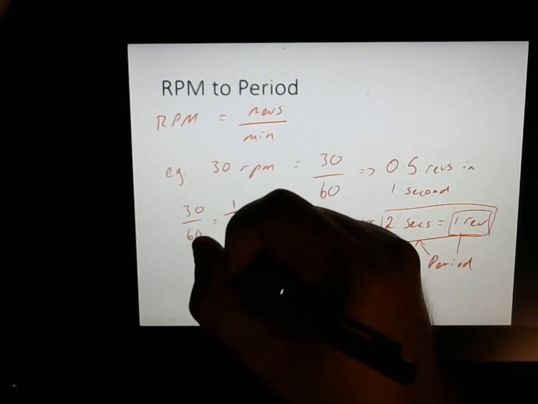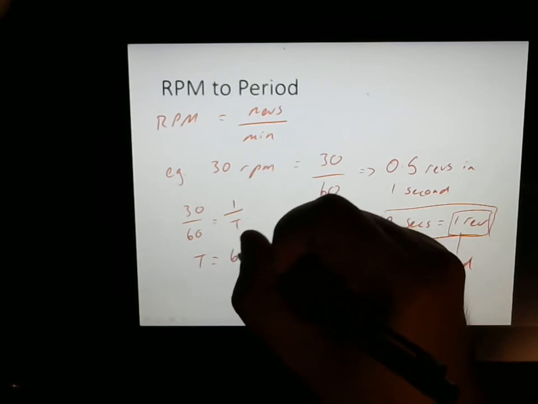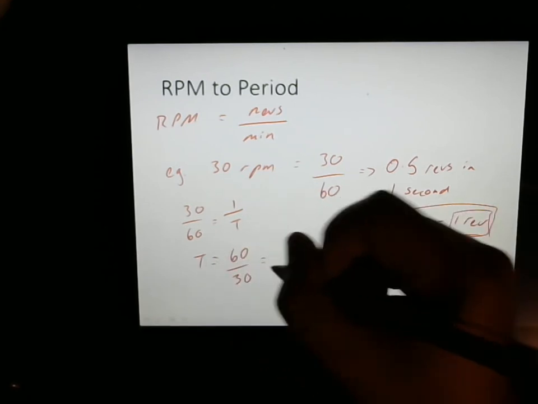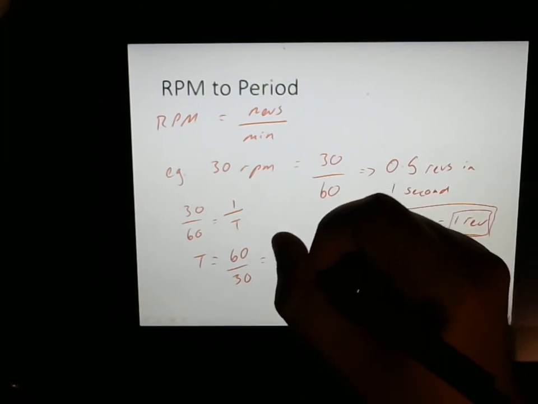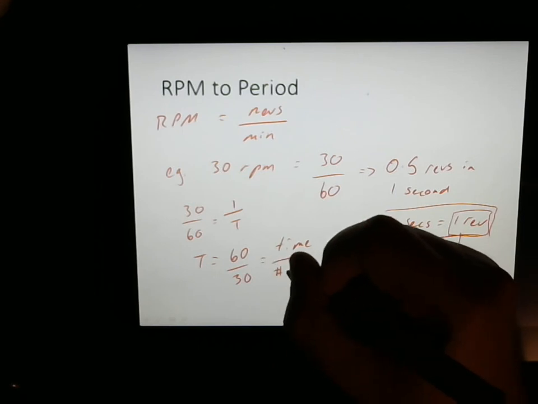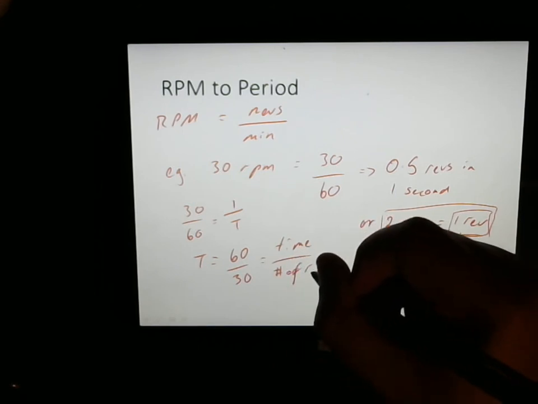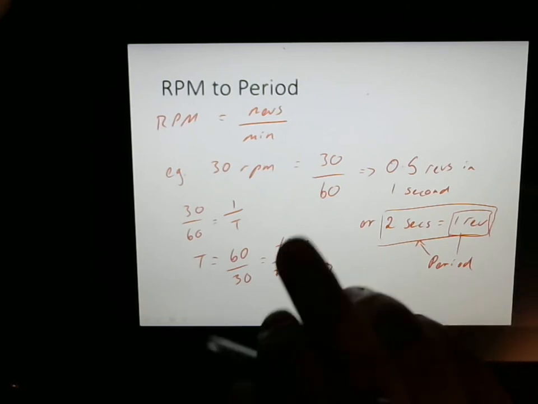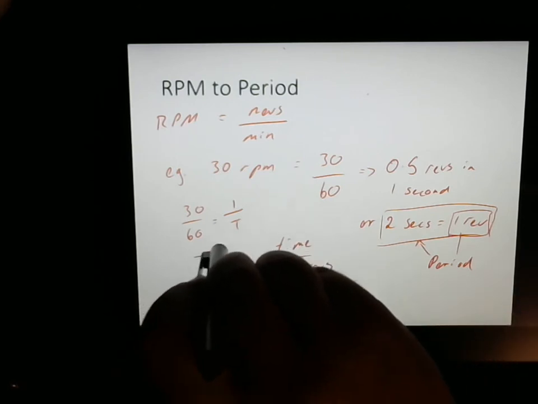Or period T equals 60 over 30. Now, where did we get these two numbers from? The 60 was our time, and the 30 was the number of revs.